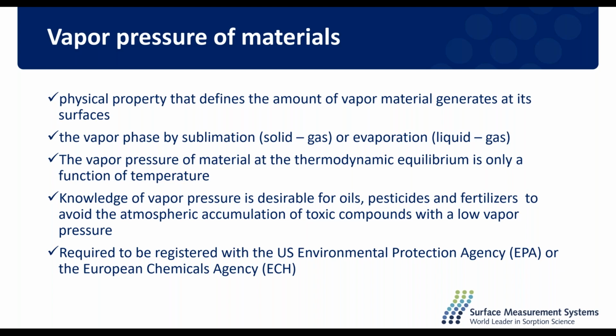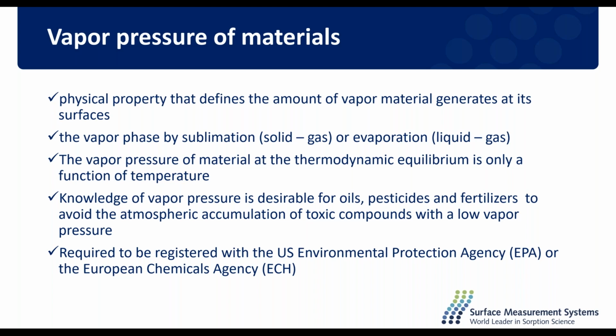A quick recap. Vapor pressure is a property that defines the amount of vapor a material generates at its surface. It can be produced both by liquids through evaporation and by solids through sublimation, so it is applicable to both phases. And it's a function of temperature. Why would we want to know vapor pressure? Well, it's very important first for regulatory information, to understand the volatility of potentially toxic and dangerous compounds like pesticides, fertilizers, and some pharmaceutical compounds.